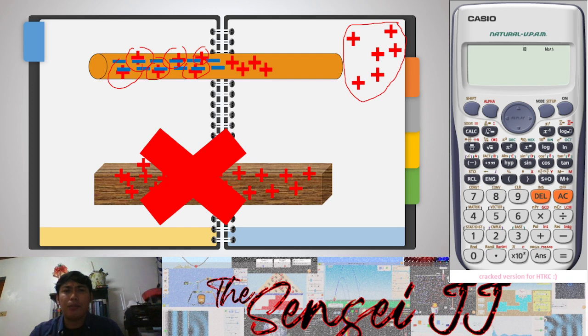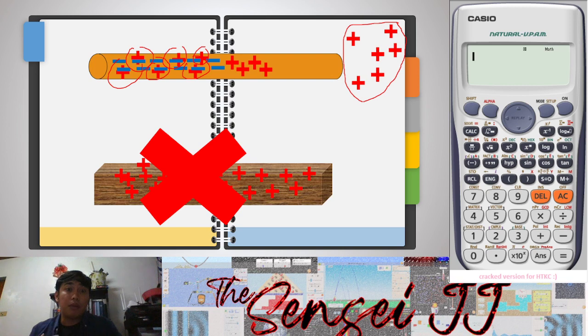Okay, so sir, you're talking about welcoming, entering. Is there any possibility that the electrons will also be moving to our protons? In some cases, there are cases where our electrons tend to be attracted to our protons. In those cases, for example, the object with protons is heavier than the electrons.